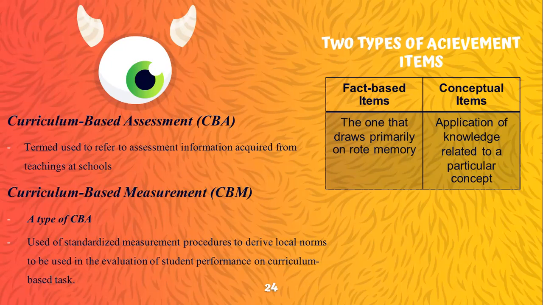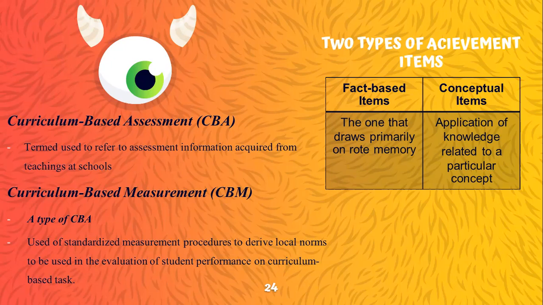We have two types of achievement items, which are types of multiple choice. The first is the fact-based items and the second is the conceptual items.